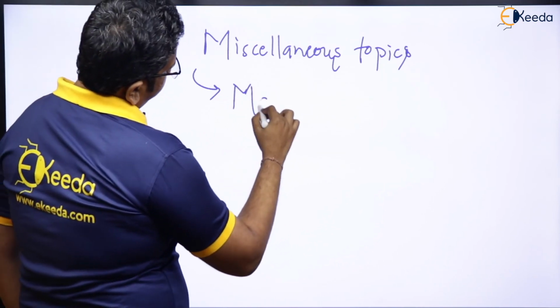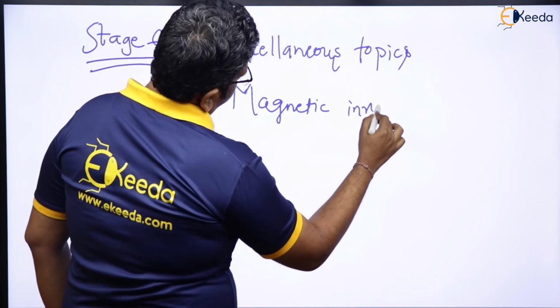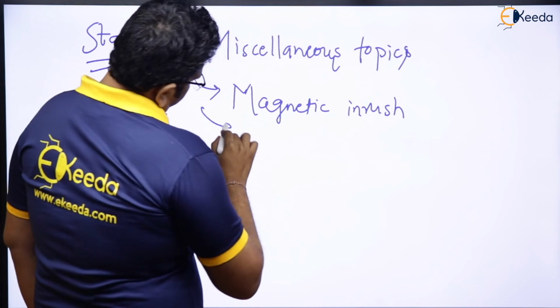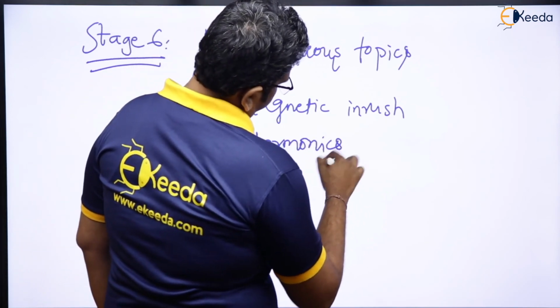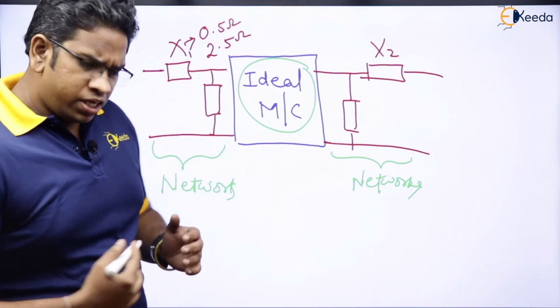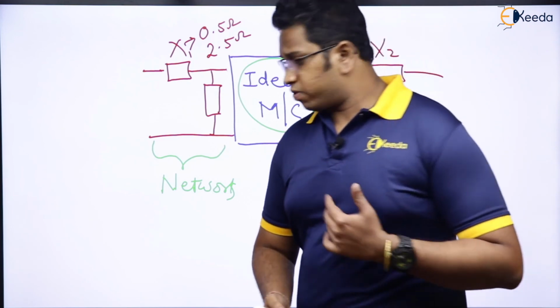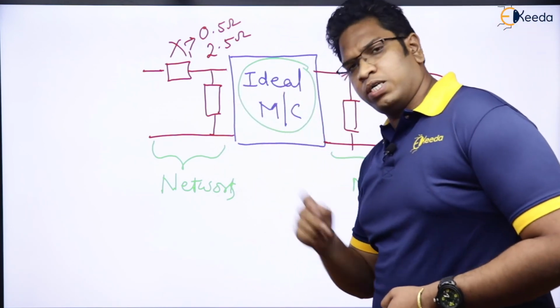Magnetic inrush. Right. Then next, harmonics. So if you see, stage after stage, after stage 1, after stage 2, after stage 3, after stage 4, after stage 5, after stage 6, we will be able to get a grip on the complete machine.